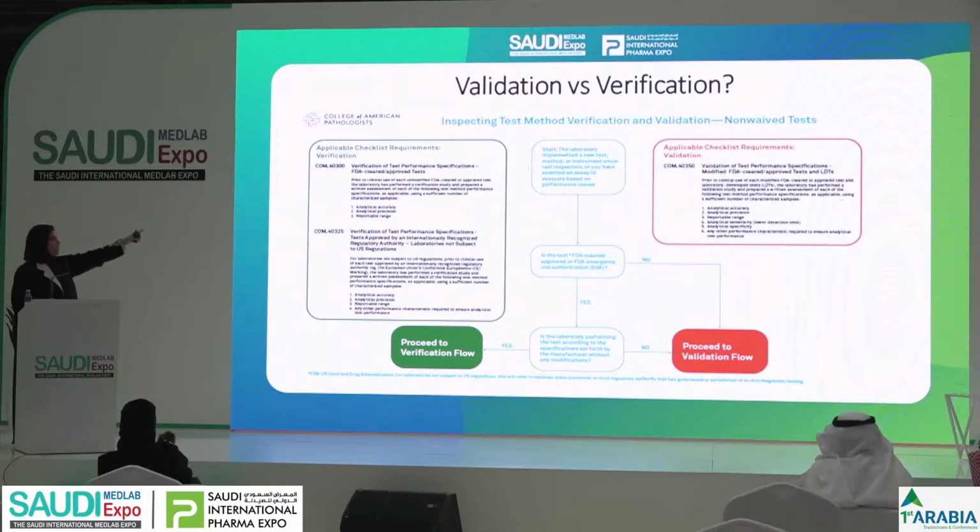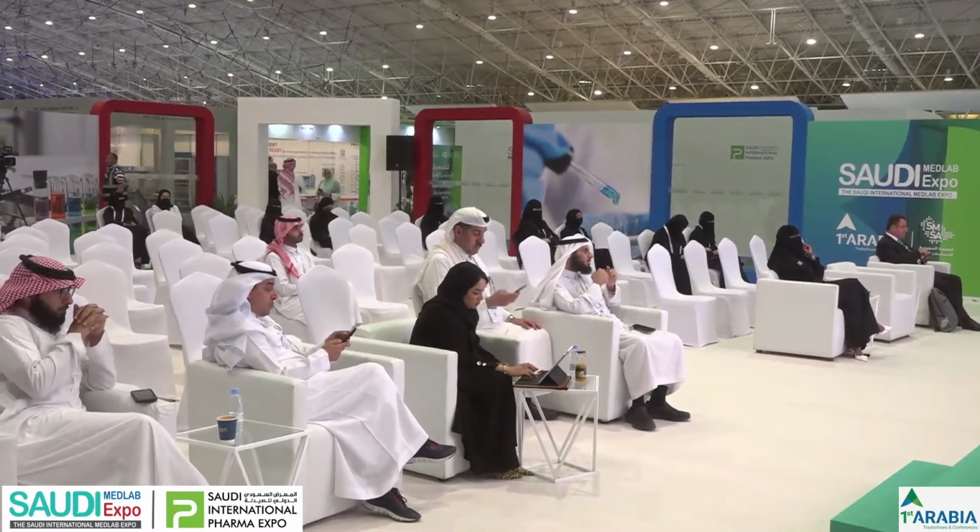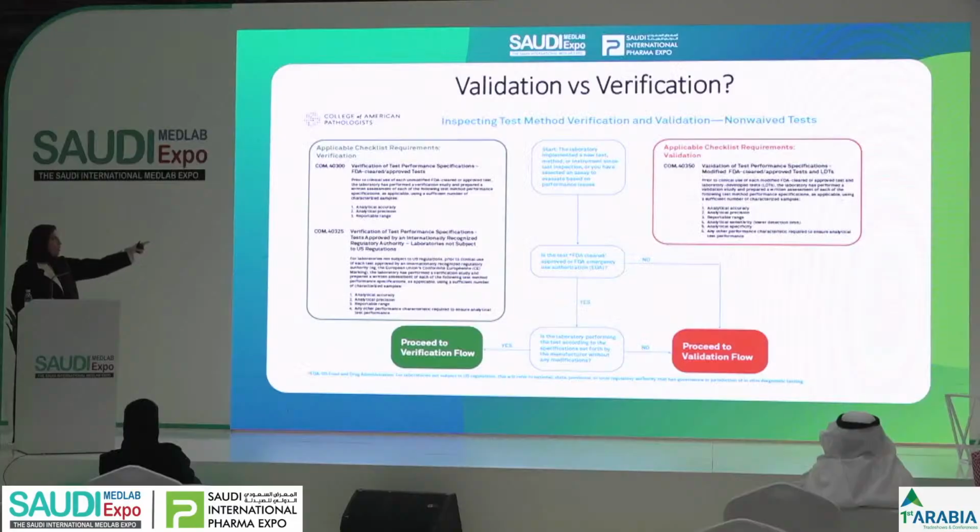In the beginning, if I want to implement a new test or a new analyzer, I have to check whether this analyzer or reagent is FDA approved or CE approved, which is European approval. If yes, then I check the claims of the company and do my verification. If this kit or analyzer is not approved or is modified, I proceed with the validation flow.